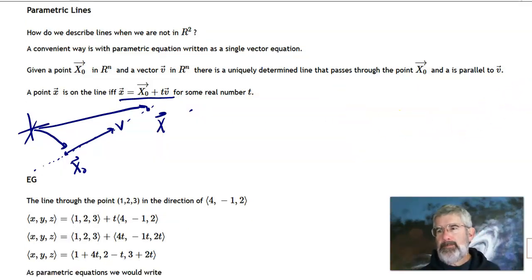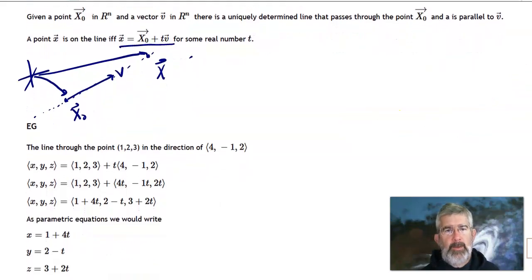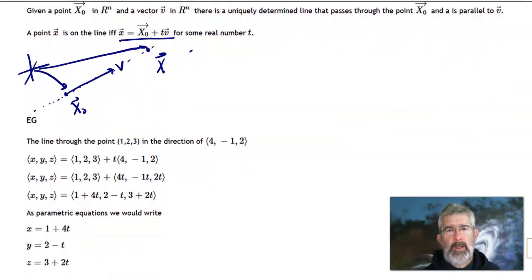Let's do an example. I want the line through the point 1, 2, 3 that's in the direction of 4, negative 1, 2. So according to this, the 1, 2, 3 is the point that I want it to go through, and the 4, negative 1, 2 is the direction vector, so I can just write this. Technically, there is a vector equation of that line.